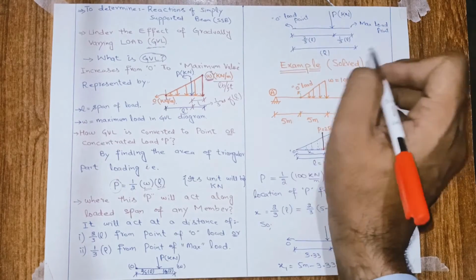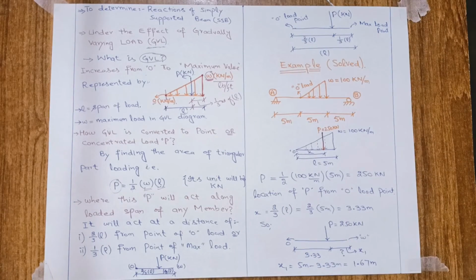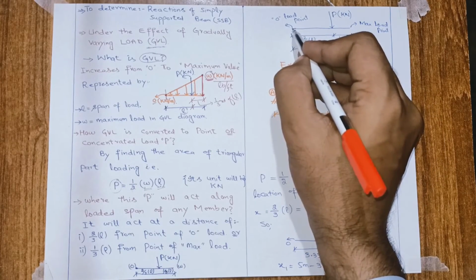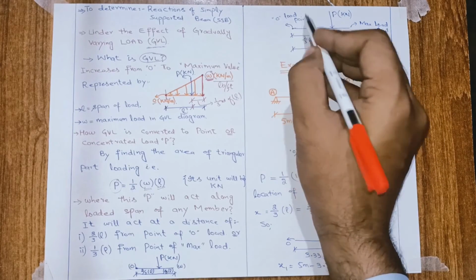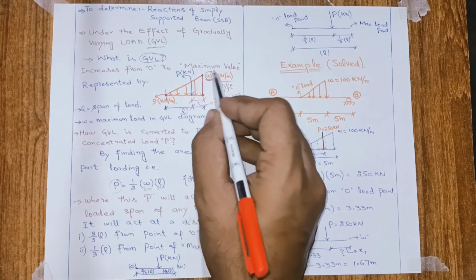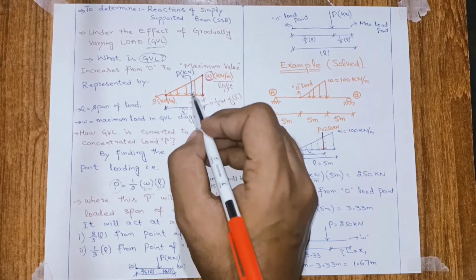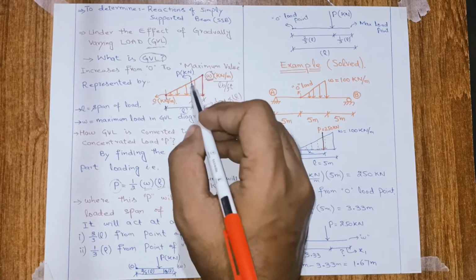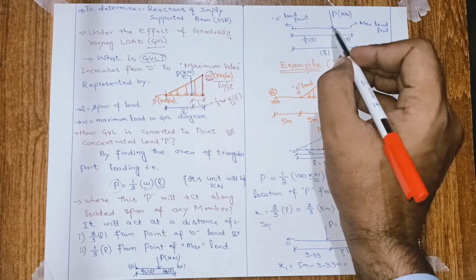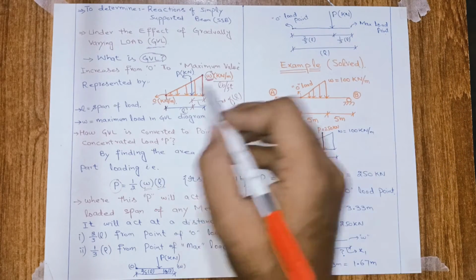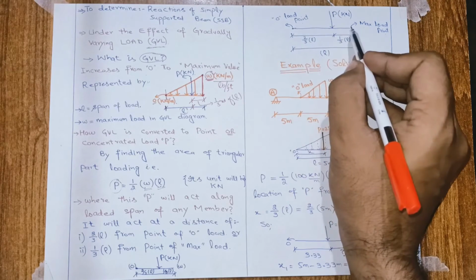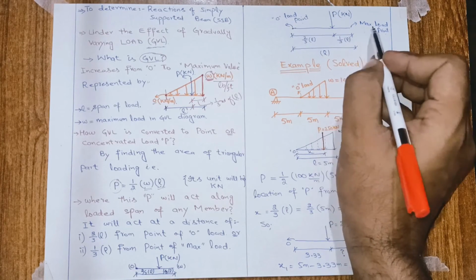As can be seen from this figure, this is the zero load point, and this is the maximum load point. When we convert this GVL into a point load, we don't show the GVL diagram, we only show the load P. Its distance is 2/3 of L from the zero load point, and 1/3 of L from the maximum load point.